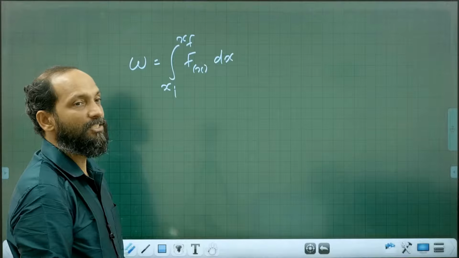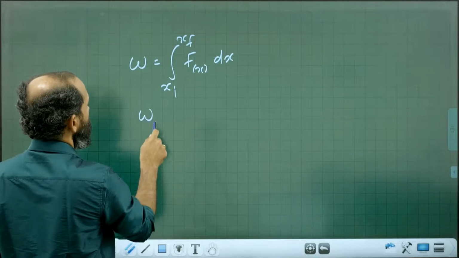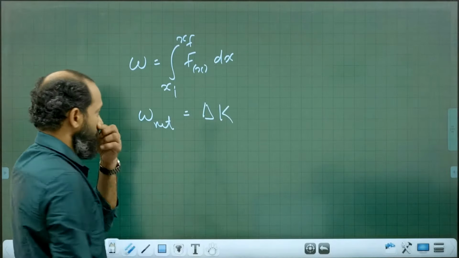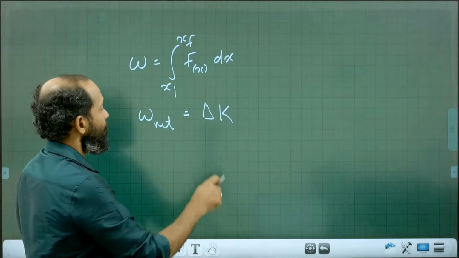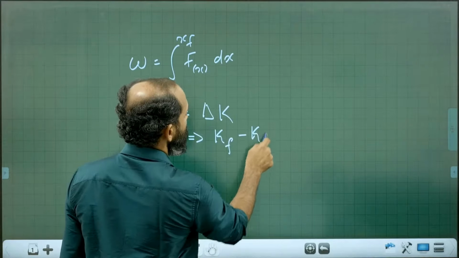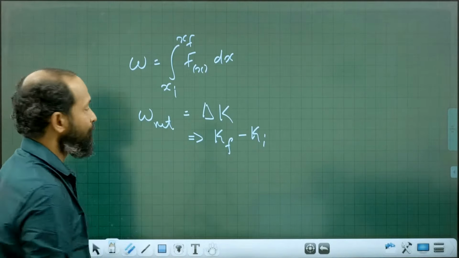Now the work energy theorem. The work energy theorem states that work done by net force is equal to change in kinetic energy. What is the work energy theorem? Work done by net force is equal to final kinetic energy minus initial kinetic energy. The work energy theorem can be stated in other forms.